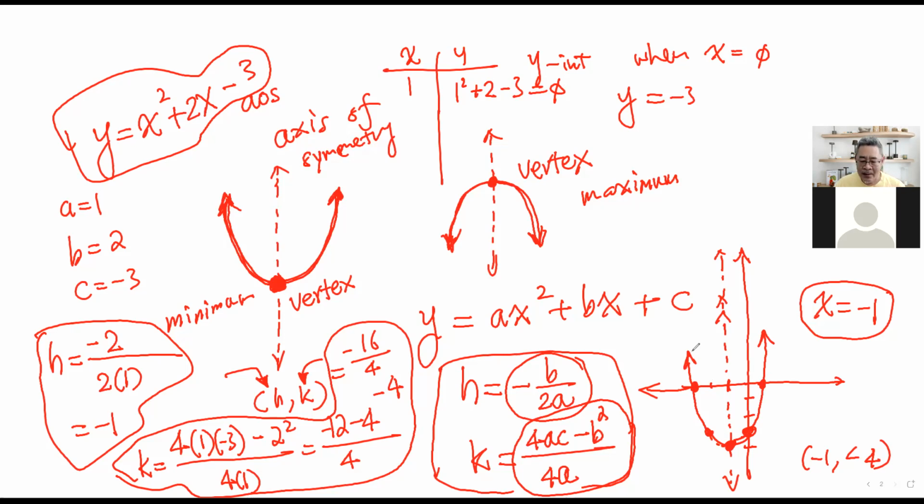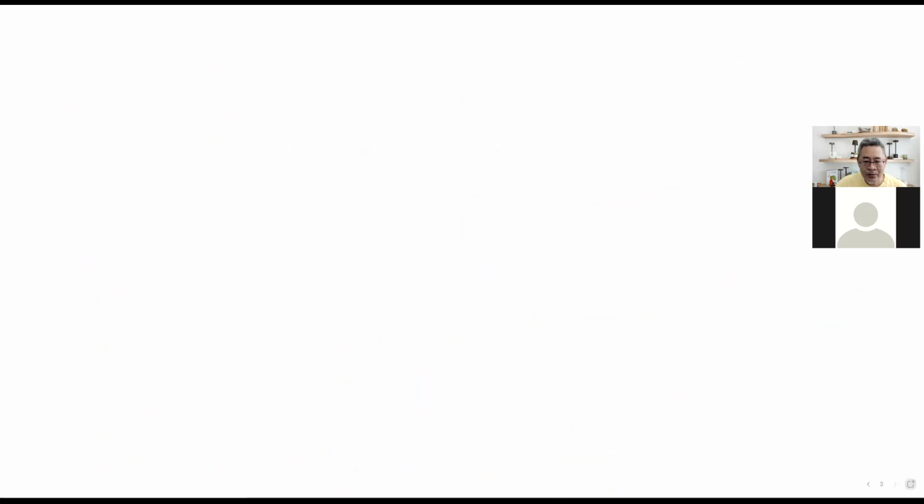Yep. All right. Okay. Let's do some exercise. First, let's find the vertex point. Let's see, y equals x squared minus 3x plus 2.